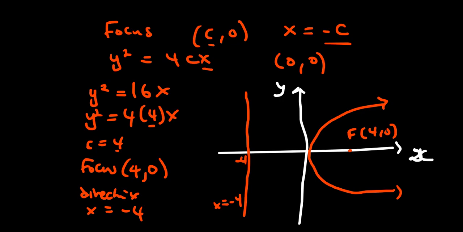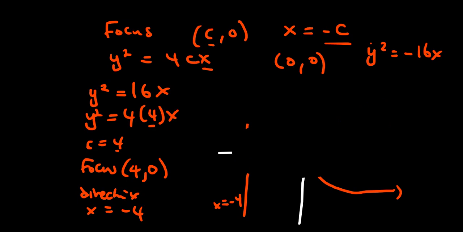When we have the opposite, a negative, let's say y squared equals negative 16x, how are we going to graph that one? It's going to be the opposite. Let's erase this graph.